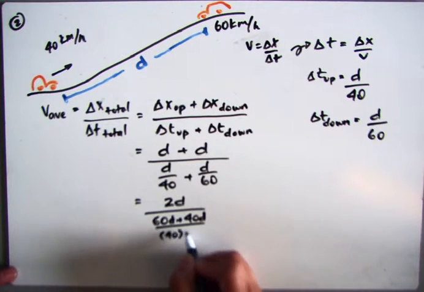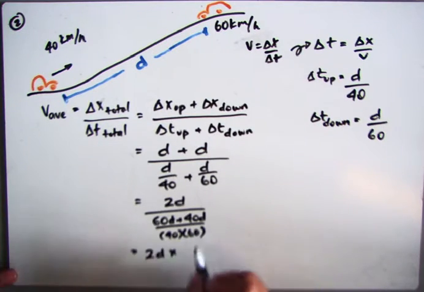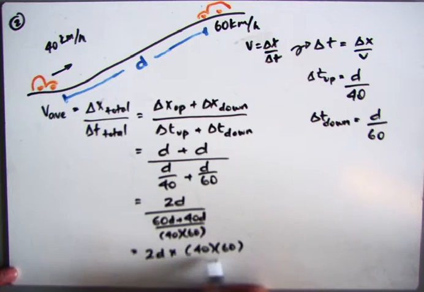And then I'm going to invert and multiply. So this becomes 2d times, I'm going to invert this whole thing and multiply by 40 times 60, and then divide by 60d plus 40d, which is 100d.